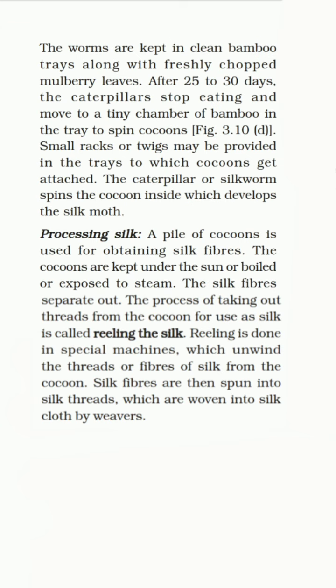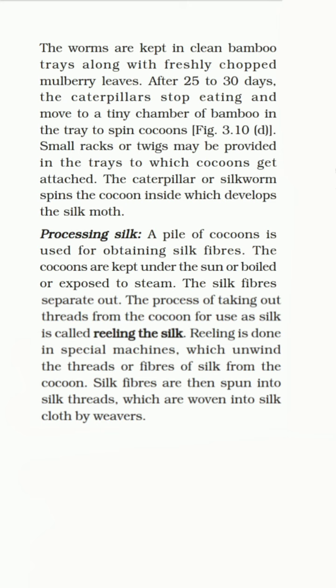So the worms are kept in clean bamboo trays along with freshly chopped mulberry leaves. After 15 to 30 days, the caterpillars stop eating and move to a tiny chamber of bamboo in a tray to spin cocoons. Small racks or twigs may be provided in the trays to which cocoons get attached, and the caterpillar or silkworm spins the cocoon inside, which develops into the silk moth.